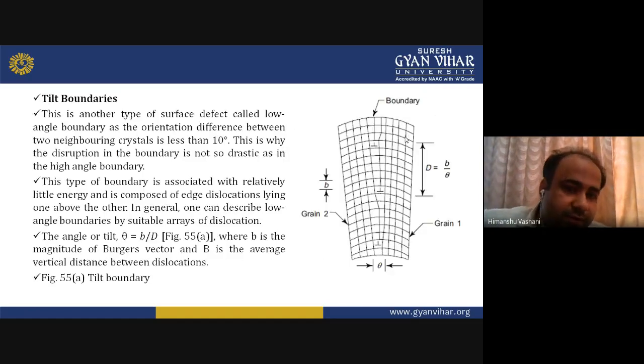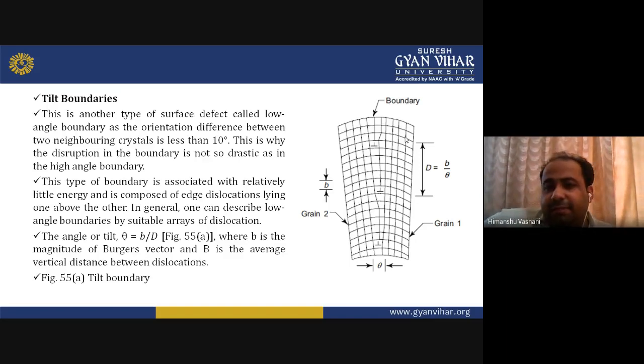Then tilt boundaries. This topic is important because in various structures, if you go with the microscopic view, you will see that there are tilt boundaries in which there is some kind of surface defect.